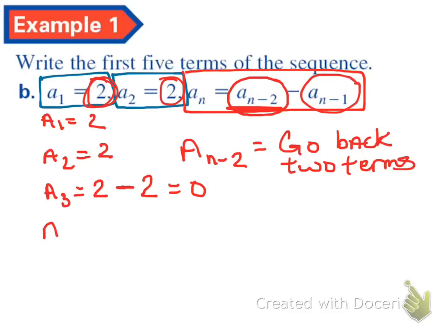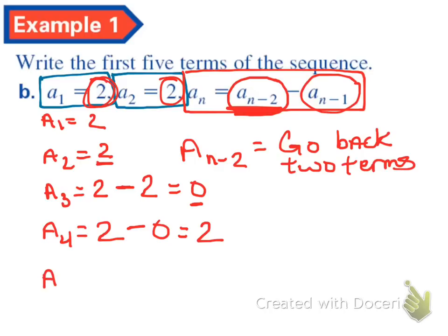Now to get the fourth term, we would use the recursive rule again. We need to go back 2 terms. So we'll go back once, go back twice. So that means we're going back to the second term, minus the previous term, which would be the third term, and get our fourth term, which is 2.